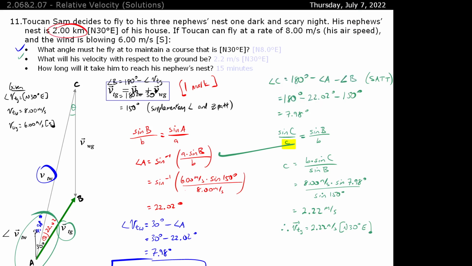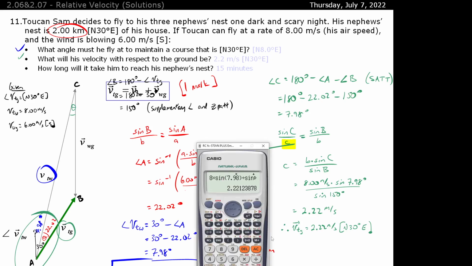That's his distance. If you want me to clean it up a bit, in our givens, we know that our delta D is equal to 2 kilometers. We're just going to maintain a consistent unit here, 2,000 meters. And we already know that VTG, or his velocity, is equal to 2.22. Oh, I should carry one more sig fig. I'll just do that calculation one more time.